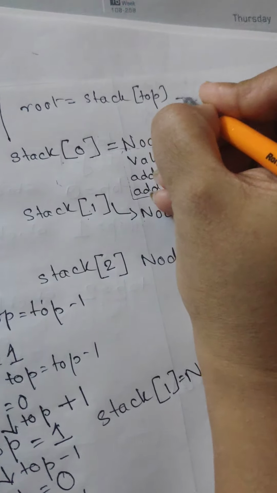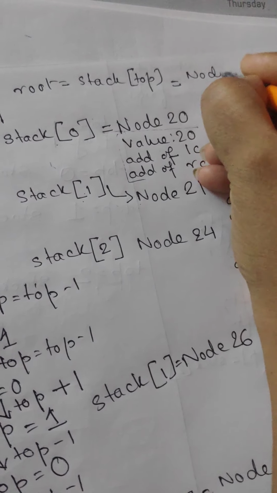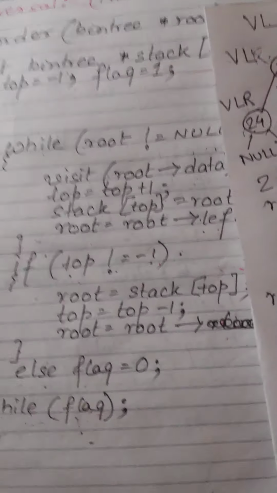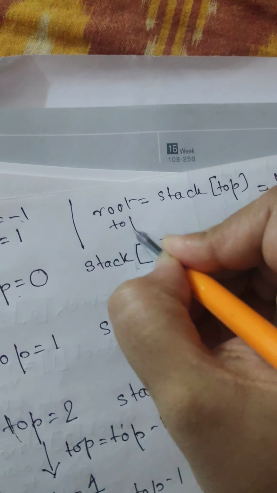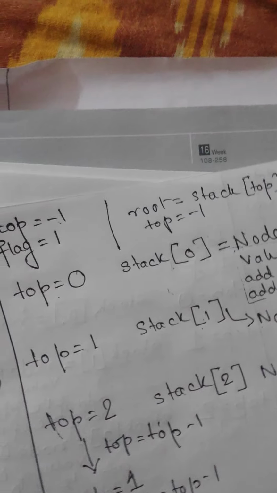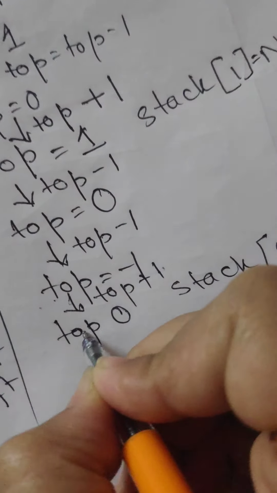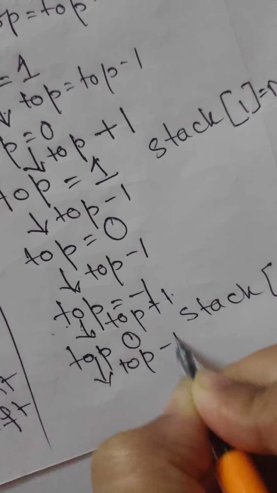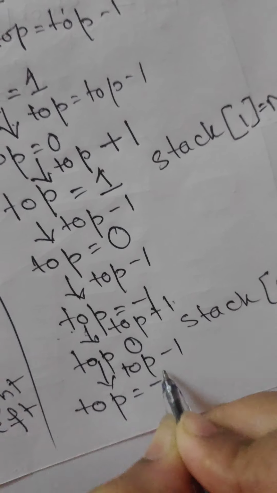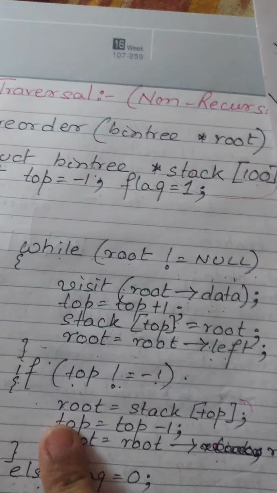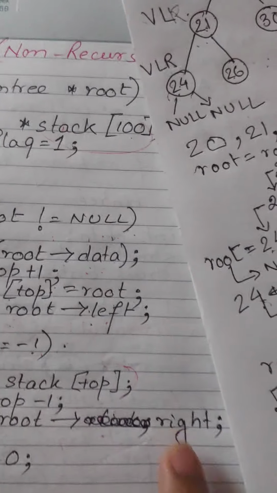Node 30. So root becomes node 30. Now after that, top is equal to top minus 1, so top becomes minus 1. Now root is equal to root right.